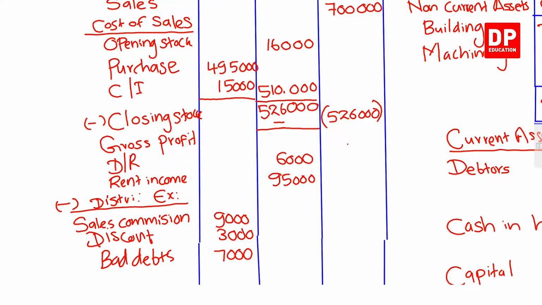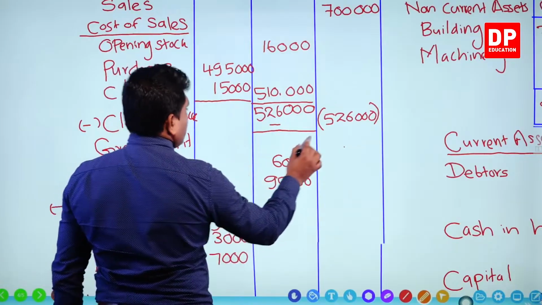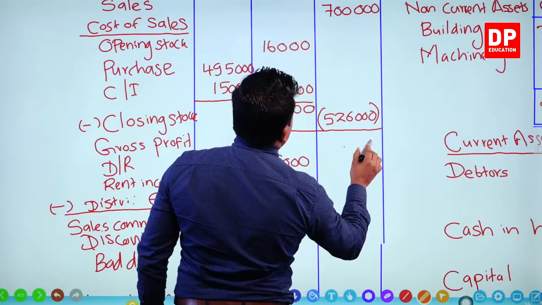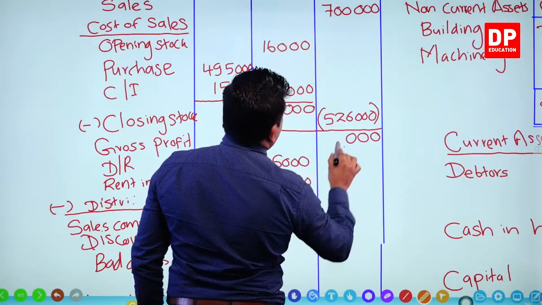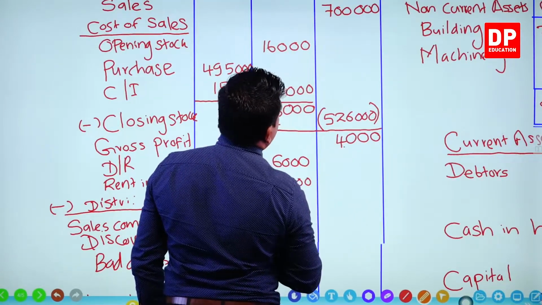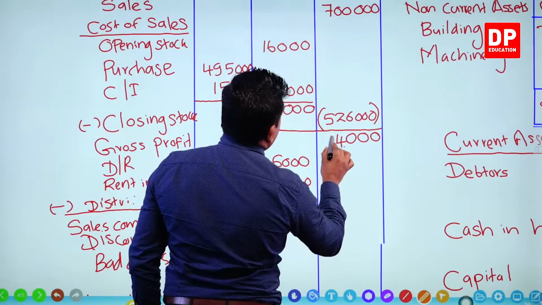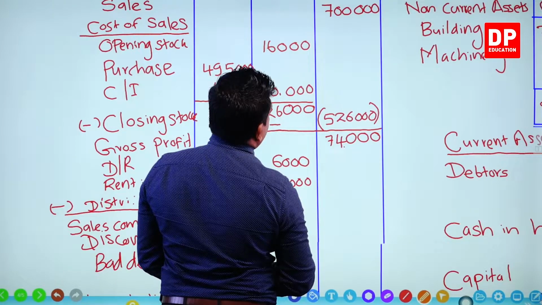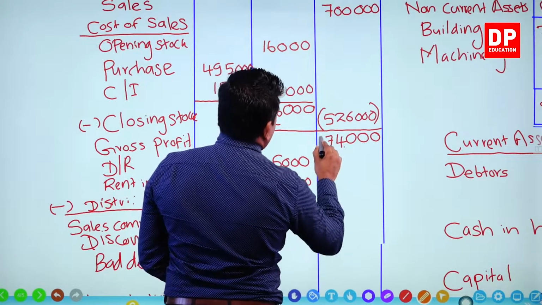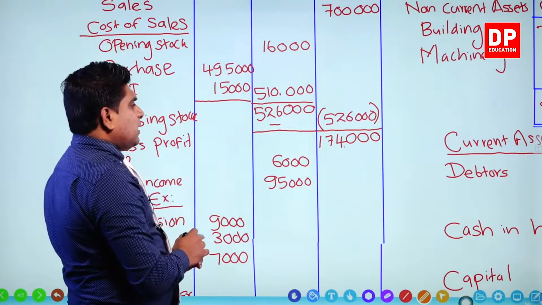Above you can see sales income. The difference is gross profit. Then 174,000 is the gross profit.